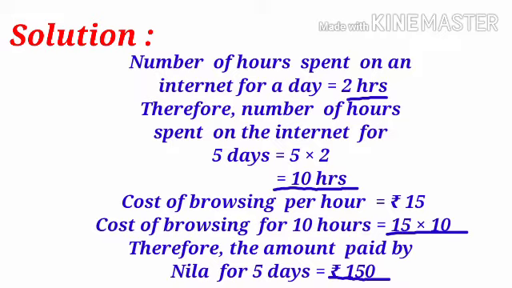That is, 5 into 2 gives 10 hours. Cost of browsing per hour is equal to rupees 15. Cost of browsing for 10 hours, we have to multiply 10 with 15. That is, 15 into 10 is equal to 150. Therefore, the amount paid by Neela for 5 days is equal to 150 rupees.